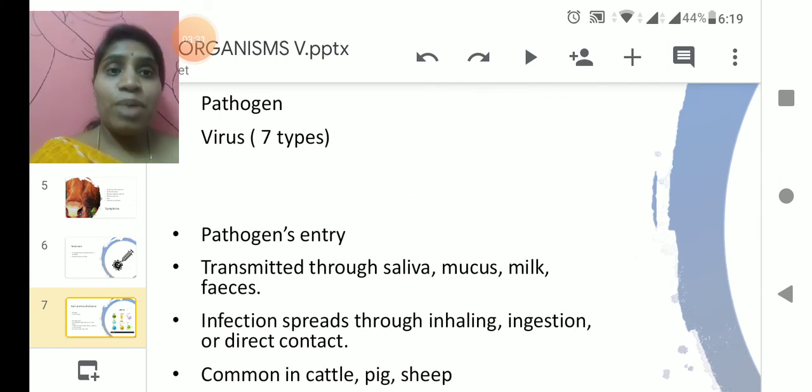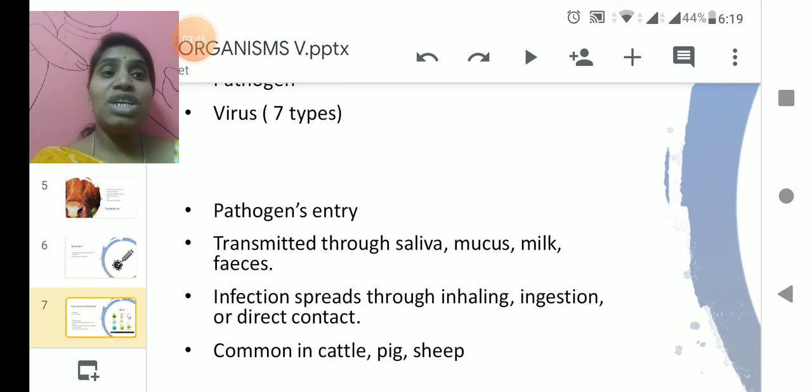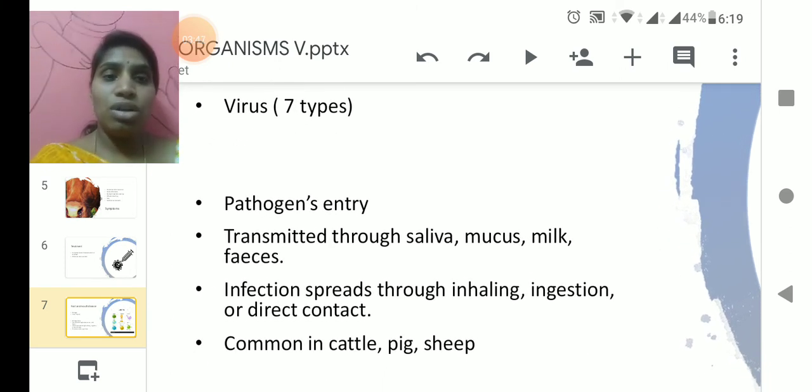The pathogen is transmitted through saliva, mucus, milk or feces, right? Through this the pathogen can enter the body, and infection spreads through inhalation, ingestion, or direct contact. This disease easily attacks healthy animals, right?